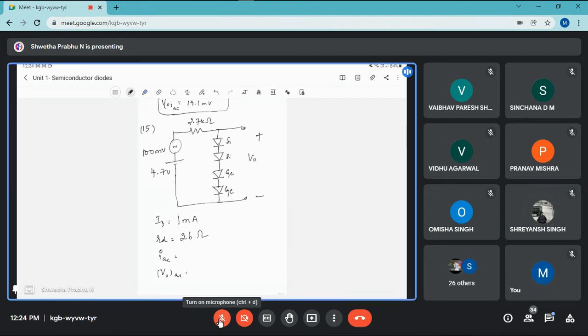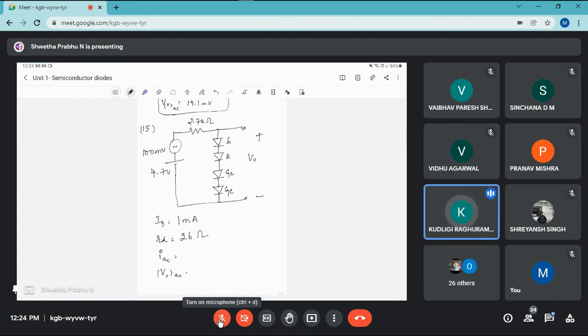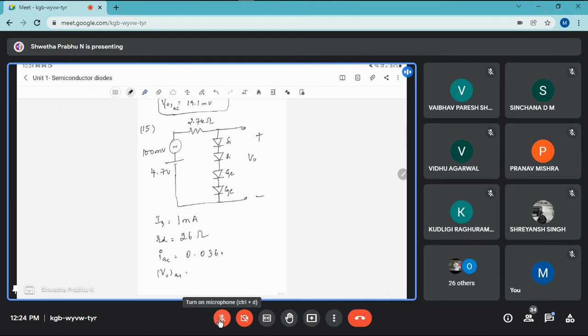Others, please let me know. 0.036 milliamps. 0.036 milliampere. Okay. Then the output voltage.